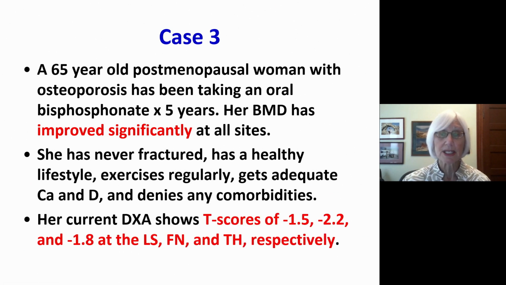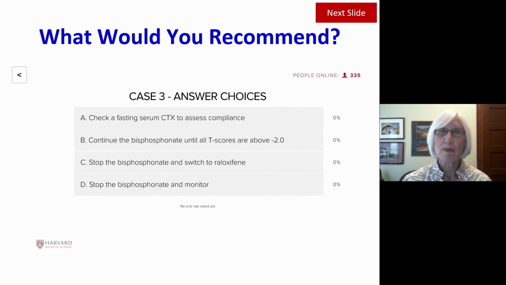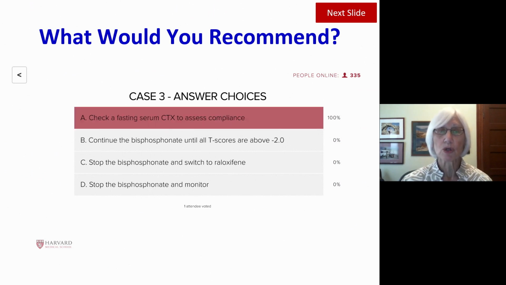Her current DEXA shows T-scores of minus 1.5 at the lumbar spine, minus 2.2 at the femoral neck, and minus 1.8 at the total hip, respectively. So my question now is, what would you recommend for this 65-year-old woman?